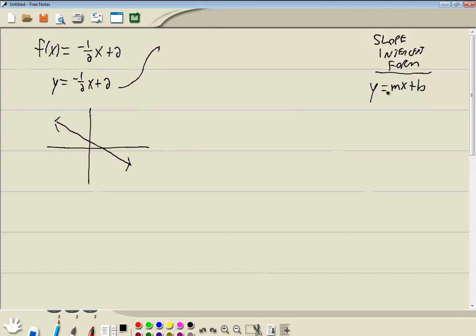So everything's the first power, and you got y by itself on one side. Now if you got it in that form, then your slope is whatever's in front of your x. So slope is negative 1/2. And the number at the end is your y-intercept. So y-intercept is 2. If you want to write that in point form, that would be 0, 2.